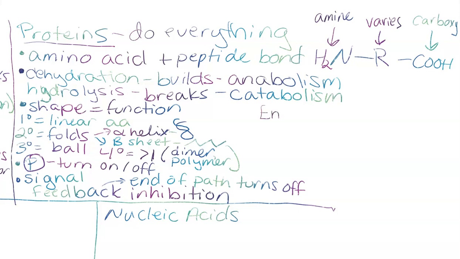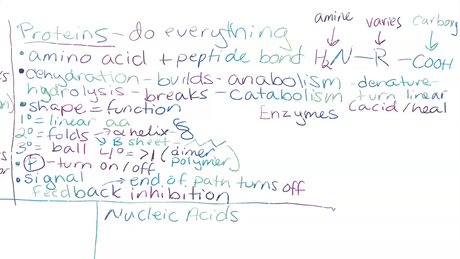All right, so I've left a space over here intentionally for enzymes. Enzymes are proteins, in case you didn't know. And since enzymes are proteins, proteins can be denatured, which means you can turn them linear, go back to that primary structure, and you do this with acid or heat.